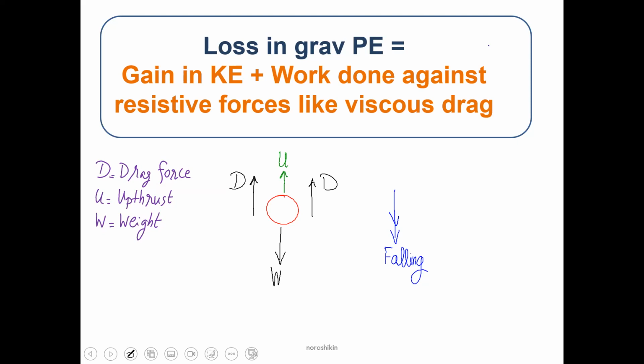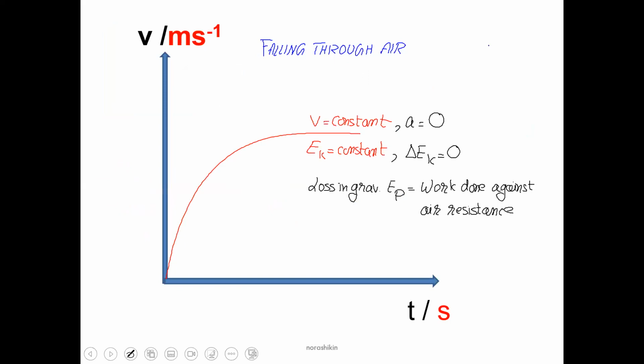Now, as I said, there are two possible cases. The object has reached terminal velocity. When the object has reached terminal velocity, kinetic energy will become constant, and then the formula will become: loss in gravitational potential is equal to work done against air resistance.